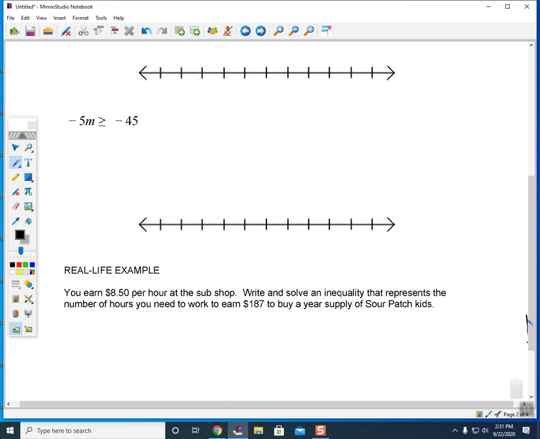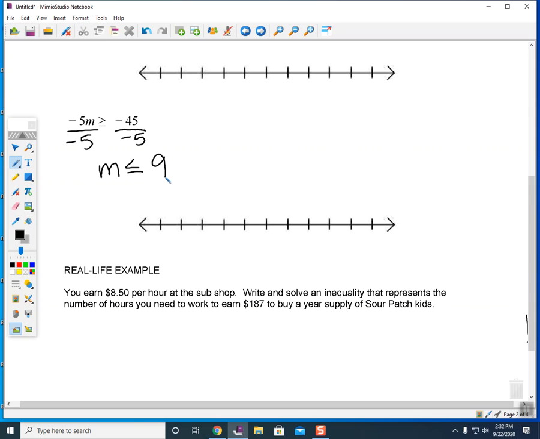I'm going to start with the second one first. I've got negative 5m is greater than or equal to negative 45. To solve this, I need to divide both sides by negative 5. Since I'm dividing by a negative number, I need to flip my sign. So m is less than or equal to negative 45 divided by negative 5, which is 9.